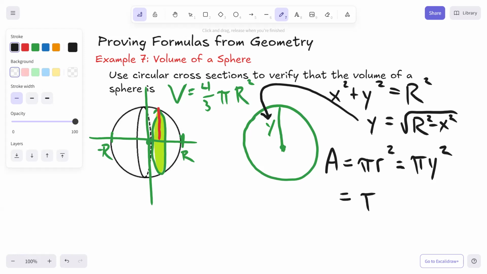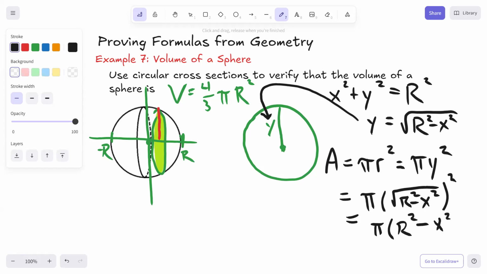So it'd be pi times the square root of r squared minus x squared, quantity squared, which simplifies to pi times capital R squared minus x squared. Now, since x is a continuous function from negative r to r, we can get the volume by integrating the area function from negative r to r.